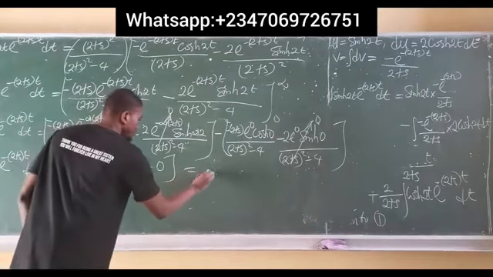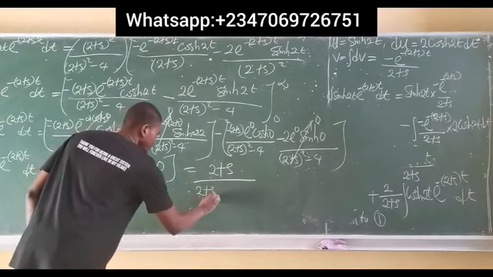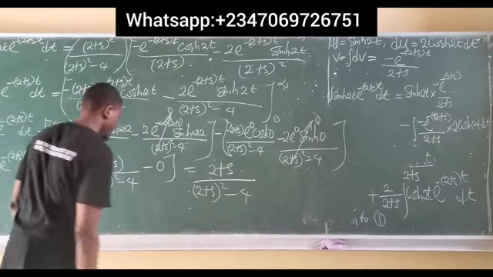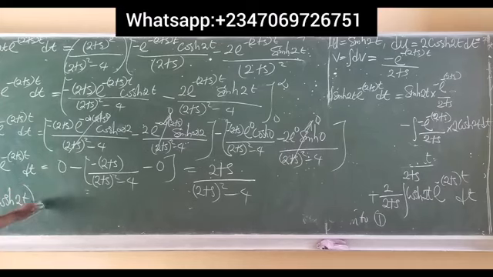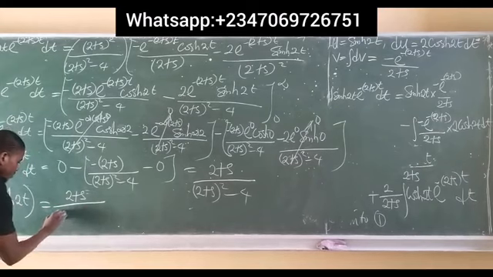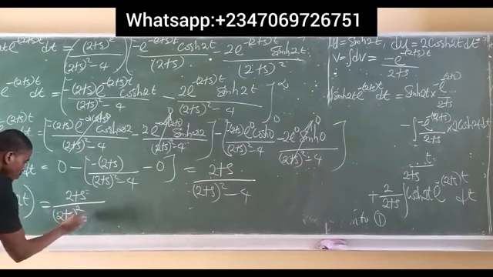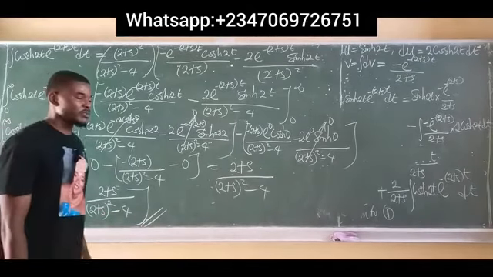This is now equal to (2+s) all over (2+s)^2 - 4. Hence, the Laplace transformation of e^(-2t) cosh 2t is equal to (2+s) all over (2+s)^2 - 4. That becomes the final answer to that particular problem.